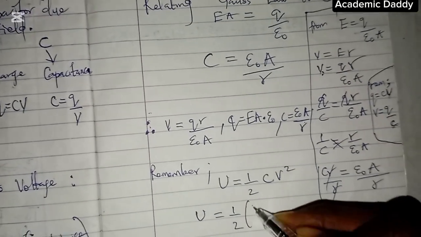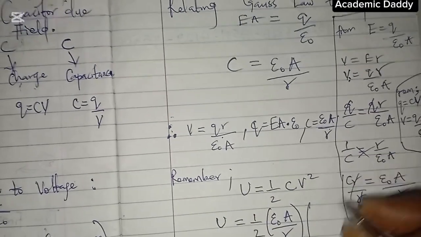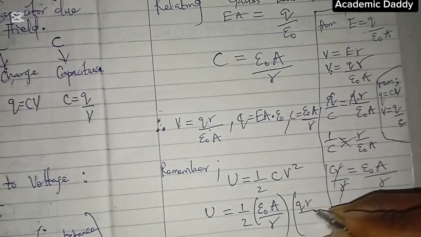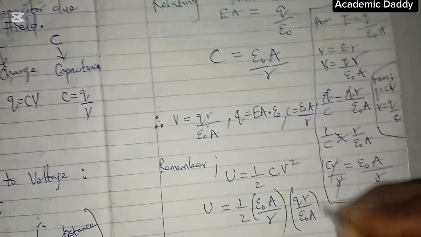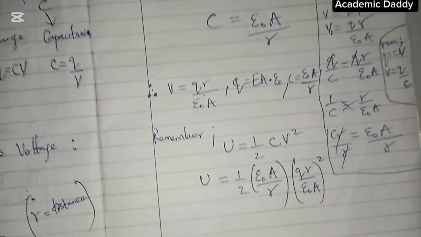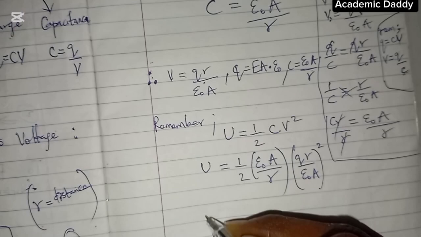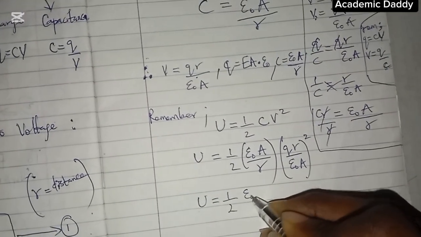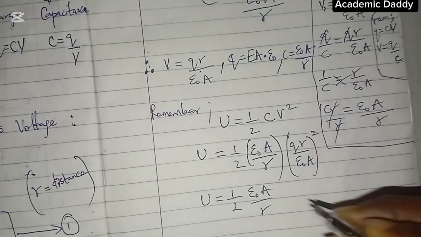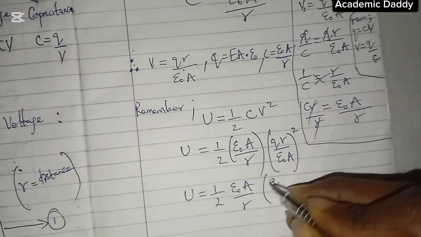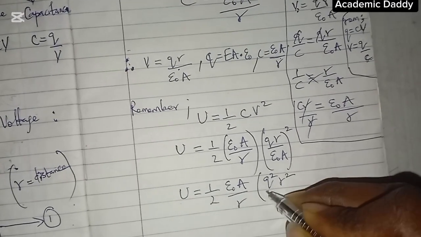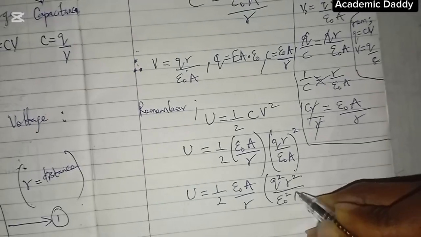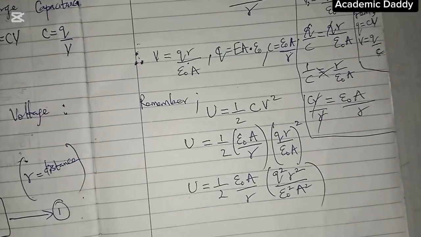So ε₀A over R. Then V is this: QR over ε₀A, all squared. So you can see that U will be equal to half ε₀A over R, times Q squared R squared over ε₀ squared A squared.